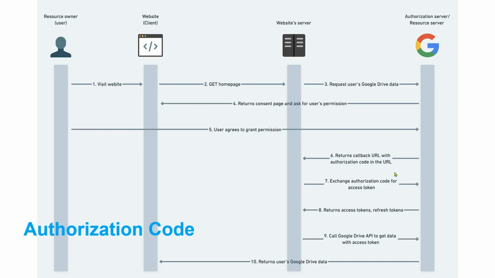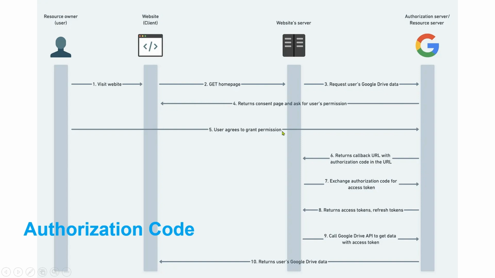So how does it work? Authorization code. You can see here, this is the user, that is you and me, visiting the website, getting the home page, and then requesting the user's Google Drive data here, and we'll get permissions.